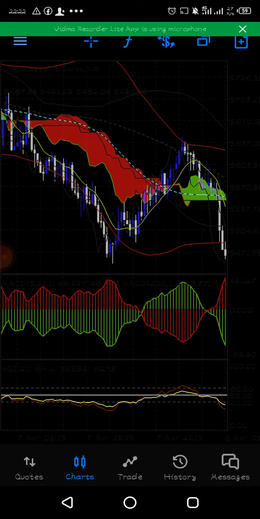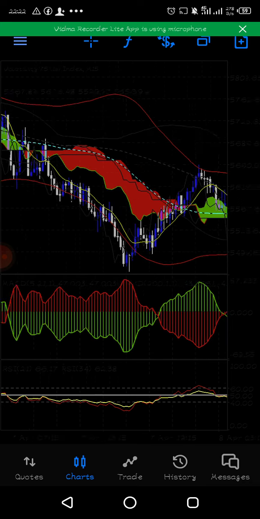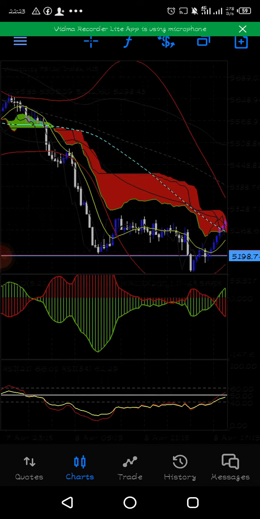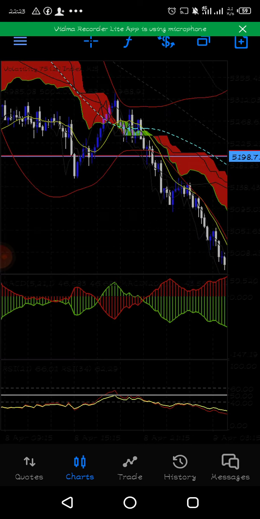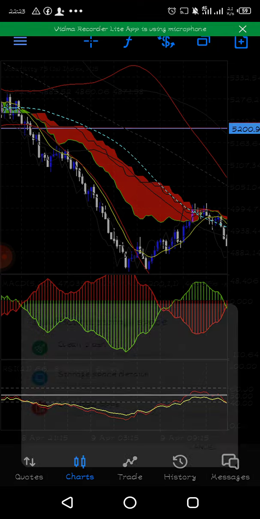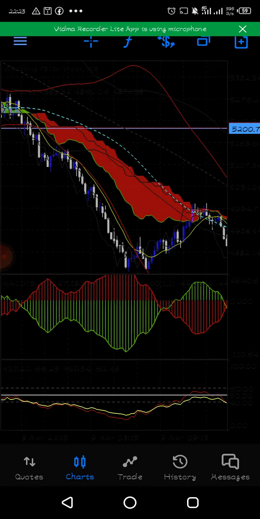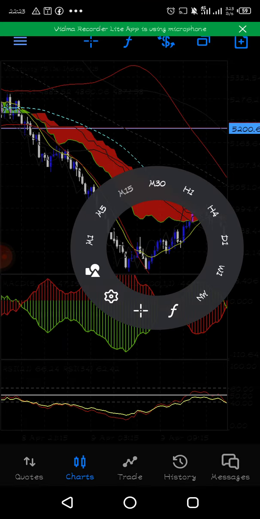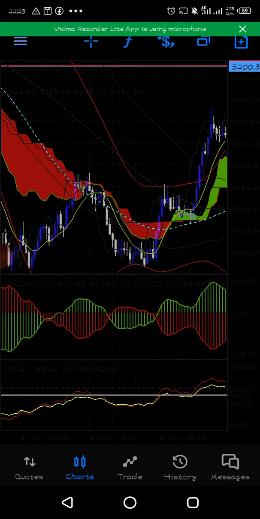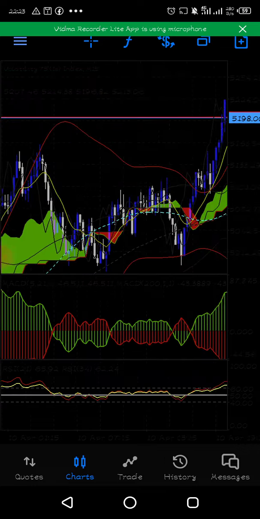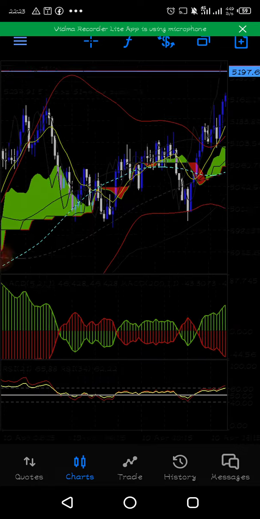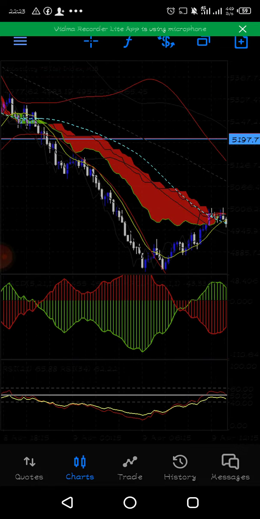So an instance is here at this point, another instance is here at this point. Market begins to range. So that's that. Another instance is here at this point where the market begins to range. So all of this showed us clearly and obviously that our market is exhausted.